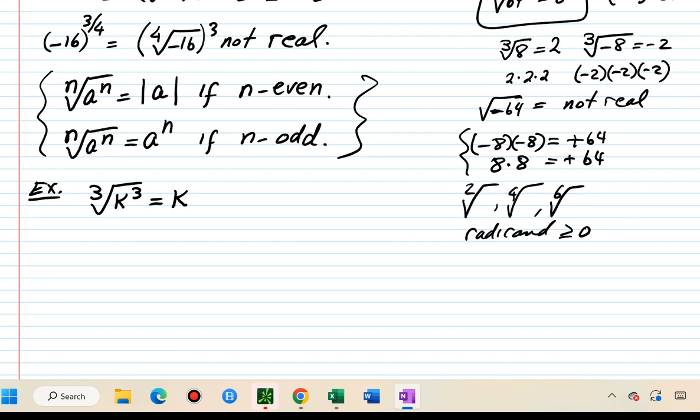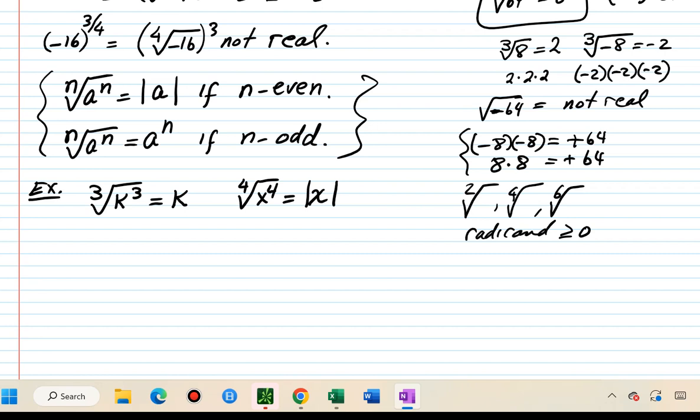What if I have the fourth root of x to the fourth and I don't know what x is? Well, if I just write x, there is a potential that x could be negative, right? So for this one, I do need to put absolute value. x could be negative 4, but then remember the radical symbol means we want positive answers. And there you have that one.